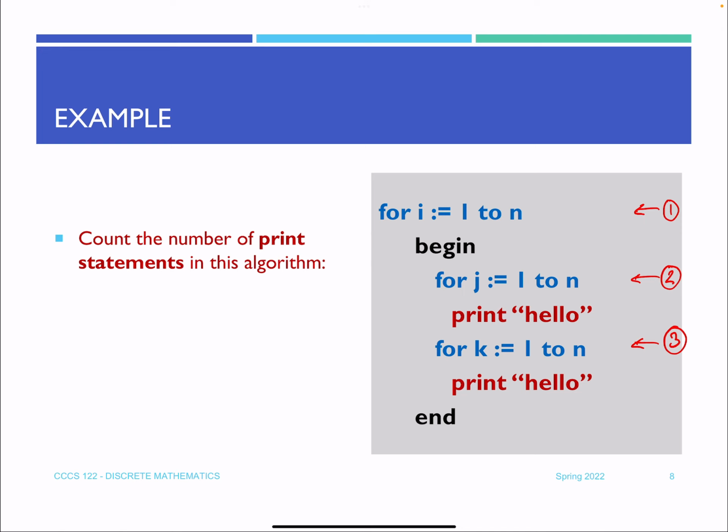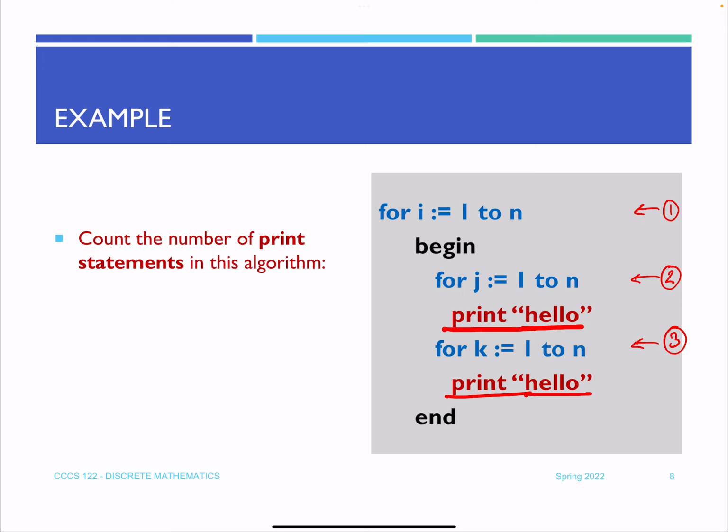Inside each of these two inner for loops, we print out the string hello. Same thing happening in both loops. Your job here is to find out what is the number of print statements, so the number of times hello is printed out. How many times will hello be printed out to screen?